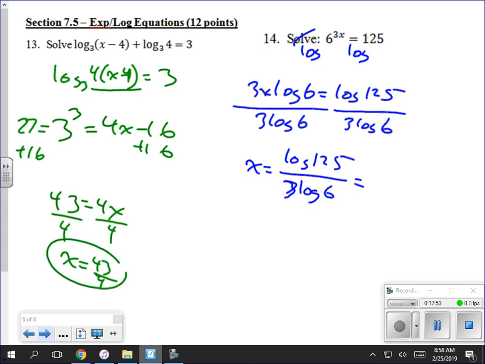Pull out your calculator. And you get 0.898, to 3 decimal places.